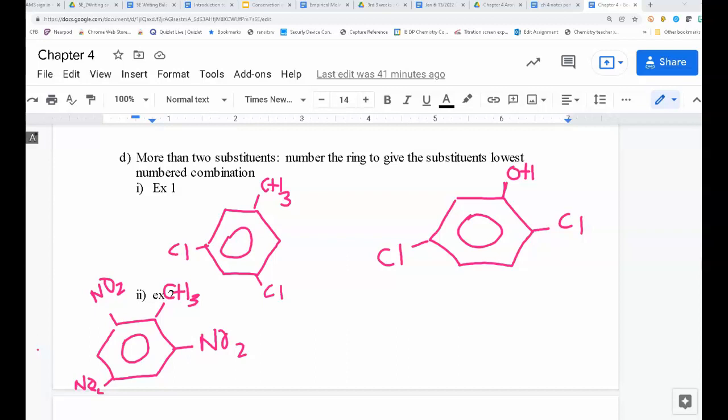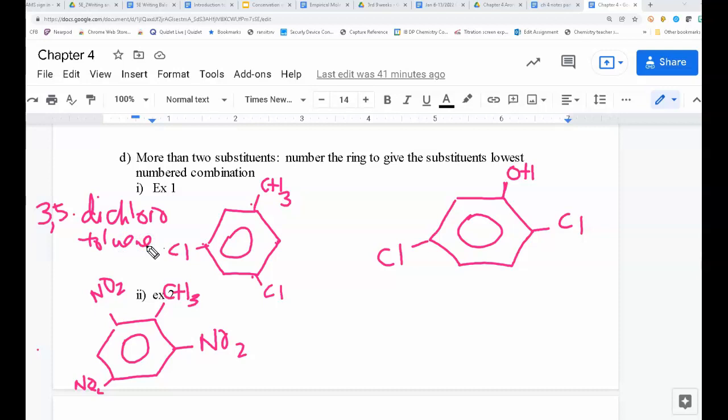So what we named this is by where the chlorines are located. If the toluene or the methyl group attached to the benzene is considered to be carbon number 1, then I have a chlorine at carbon number 3 and carbon number 5. So I would call this 3,5-dichlorotoluene.